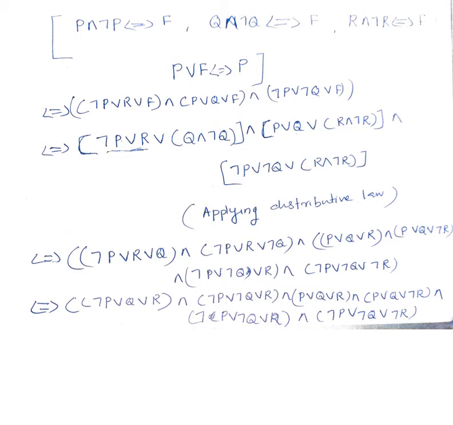Now we substitute the missing terms. Here we have negation P or R, but the Q is not present, so we introduce Q and negation Q here. Why?